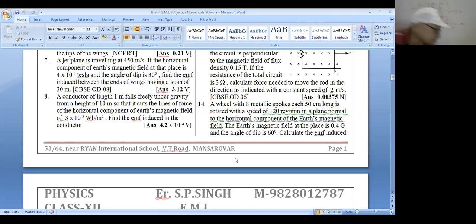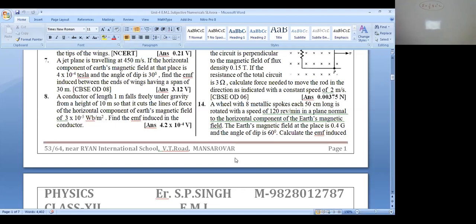Since it is rotations per minute, you can convert into per second and find omega also. In this case, the formula of EMF is E = 1/2 B L² omega.